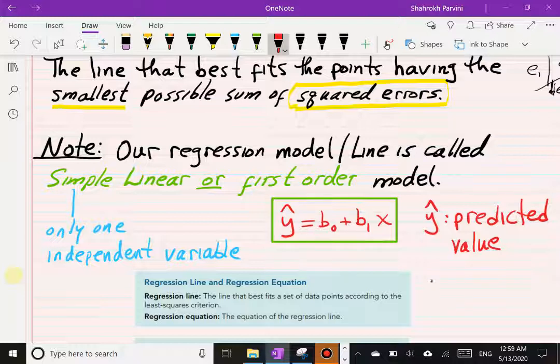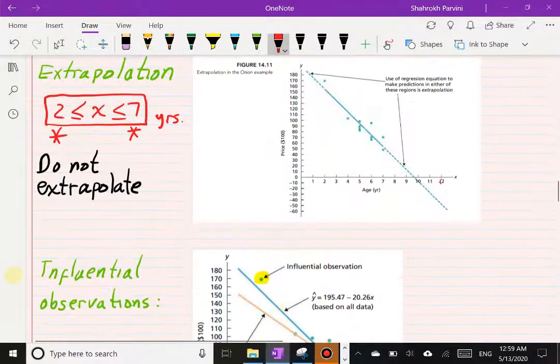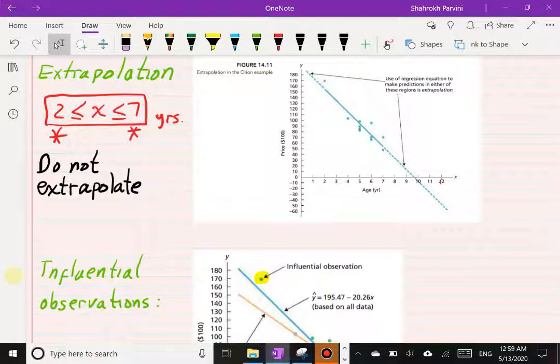We are predicting the average y value for a given value of x, at a given level of x. So it's important to note again that we are predicting the average. In this case, for example, if I use a regression line to predict the price of a car, I'm predicting the average price of an Orion for whatever age I'm looking at.